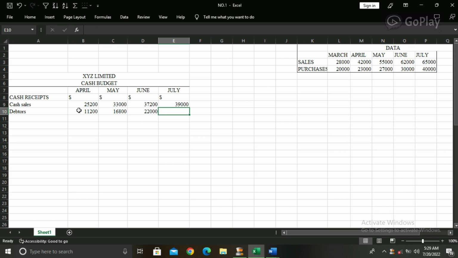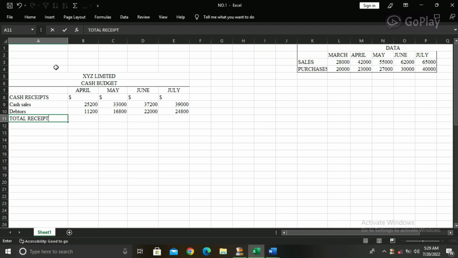And that one we have 24,800. So now we are done with all the receipts. After finishing with all the cash receipts, all that we have to do is to get the total of the receipts. So I will write my total receipt.